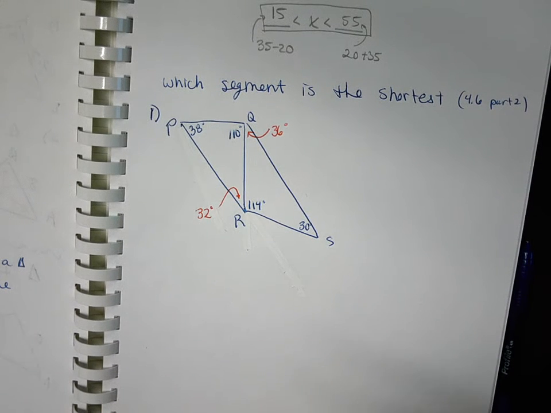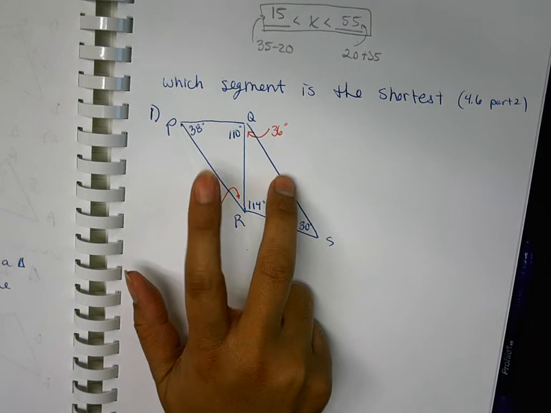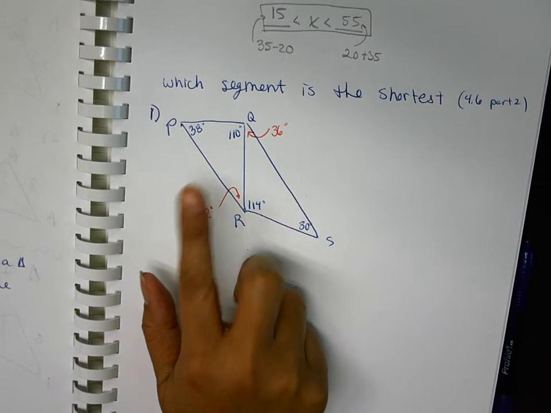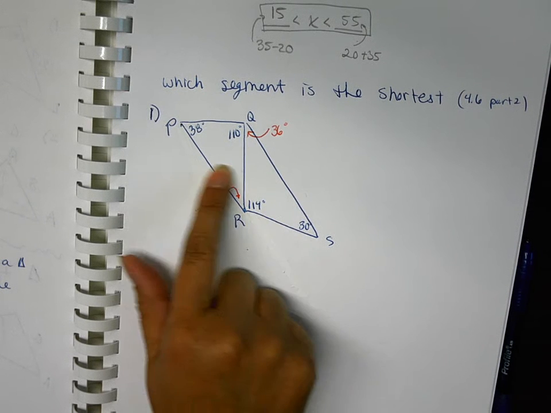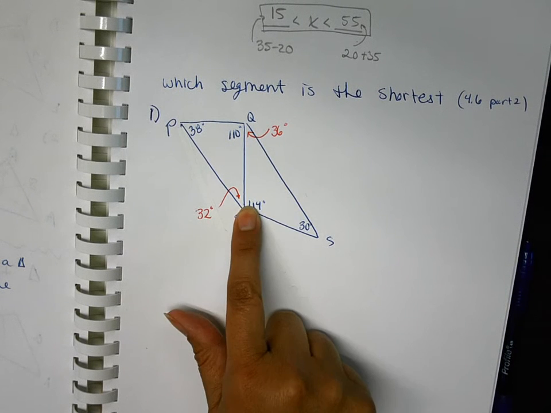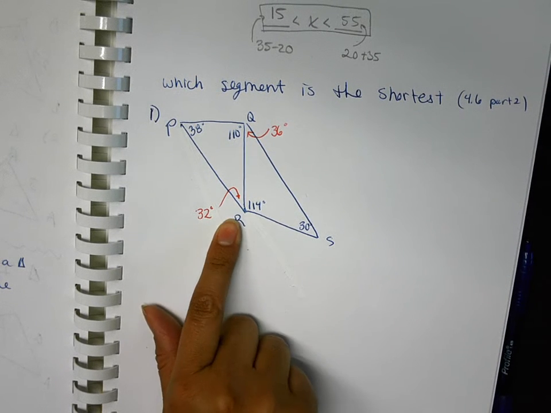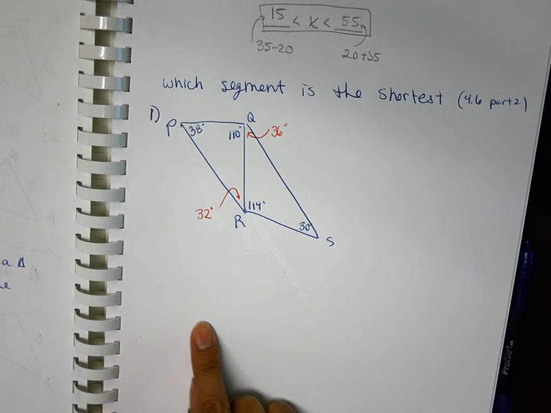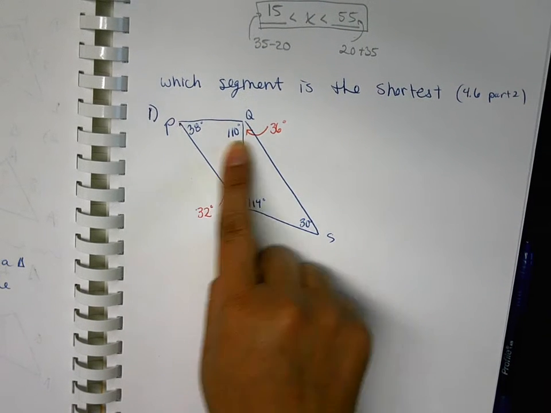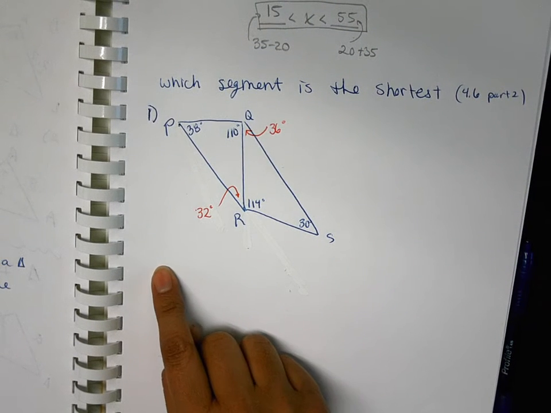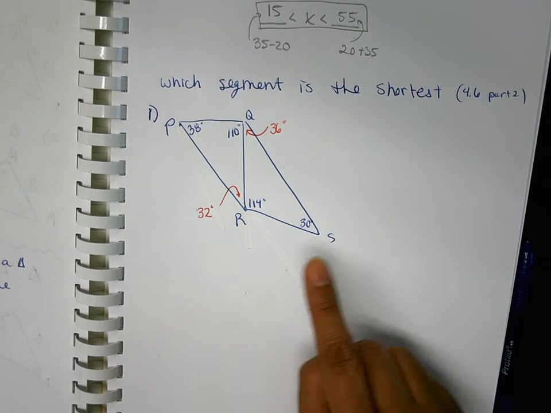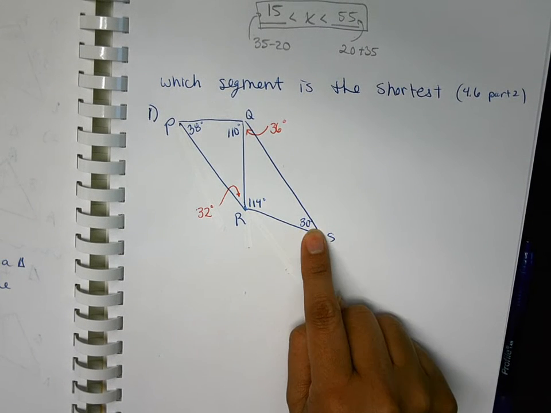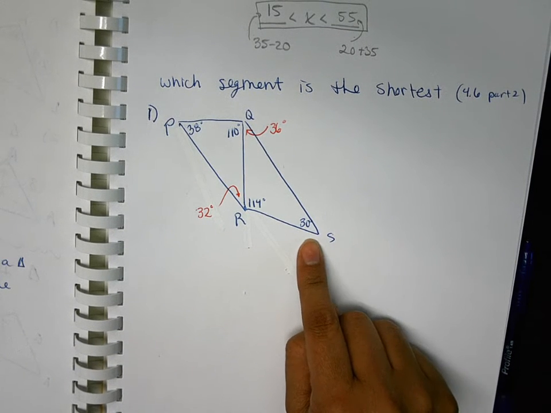What's different from this one and the ones we were doing on Friday is that there are how many triangles in this picture? 2 triangles. And do these 2 triangles share a side? Yes. Okay. So what you do is you look for the smallest angle overall. What is the smallest angle overall? 30, angle S. All right.